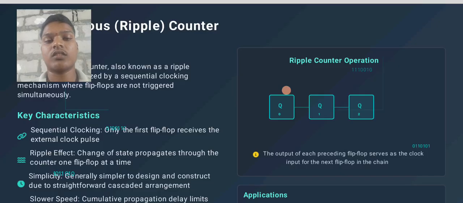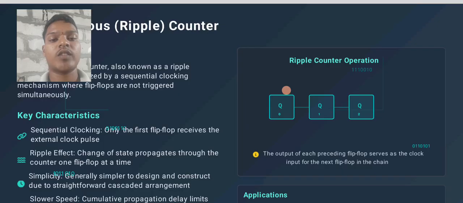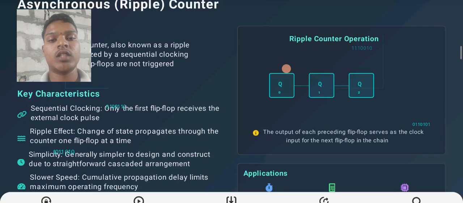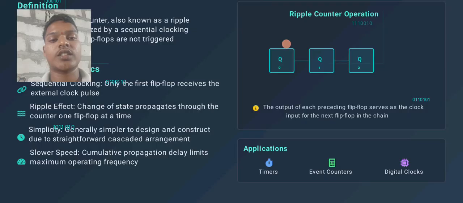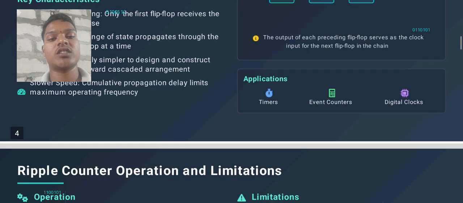Ripple effect: change of state propagates through the counter one flip-flop at a time. Simplicity: generally simple to design and construct due to straightforward arrangement. Slower speed: cumulative propagation delay limits maximum operating frequency.